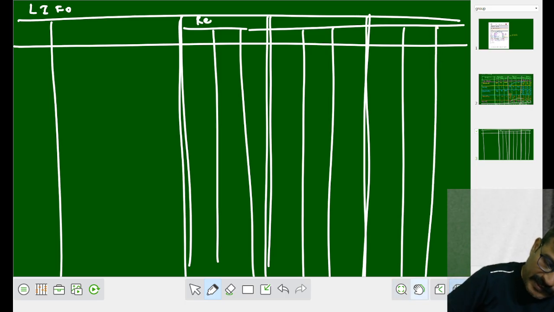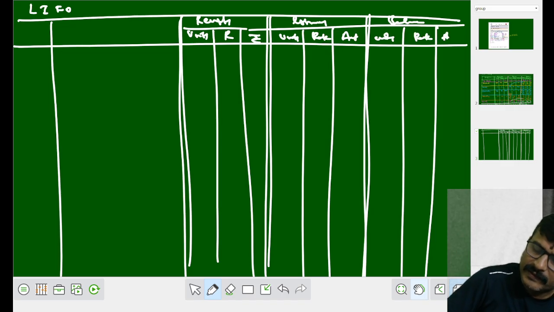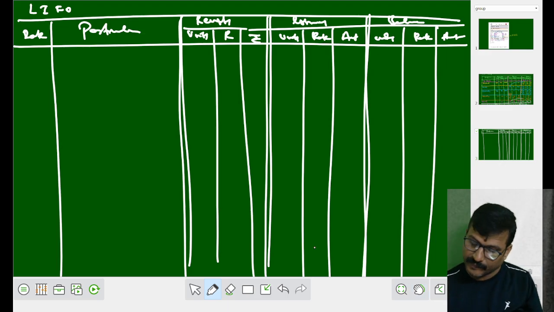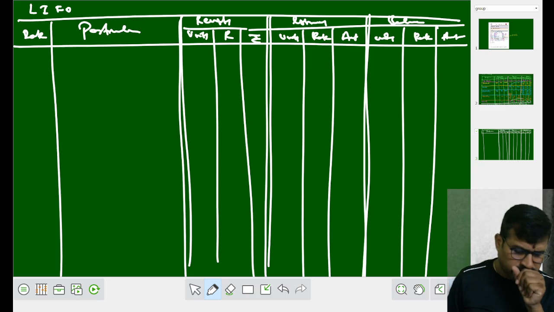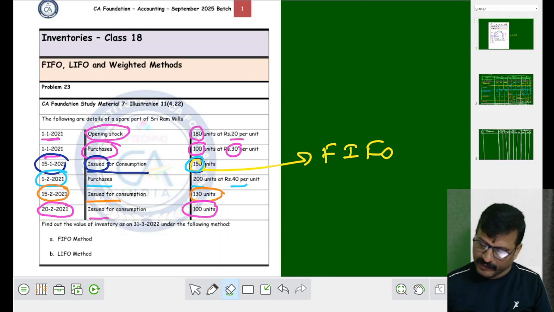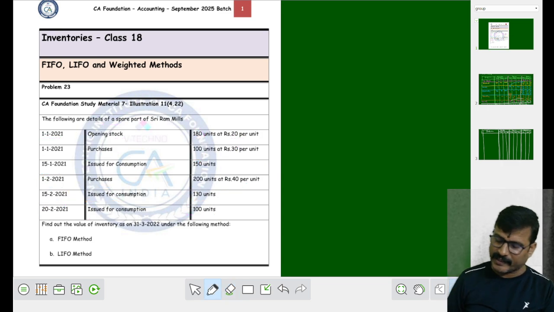This is your receipt, this is your issues and balance: units, rate, amount. This is all about your particulars, and this is a date column. Shall we move on to the solution? Under LIFO method, we have to follow the LIFO method for the same question.